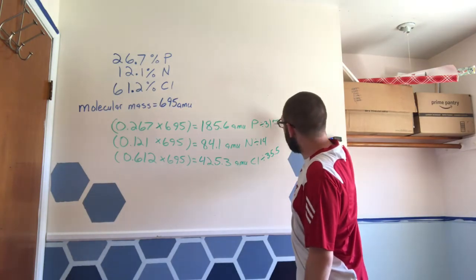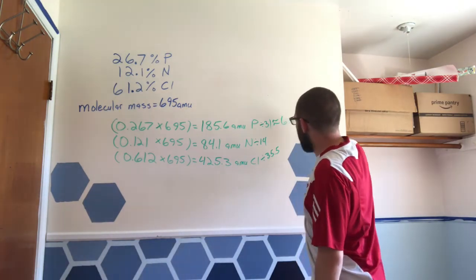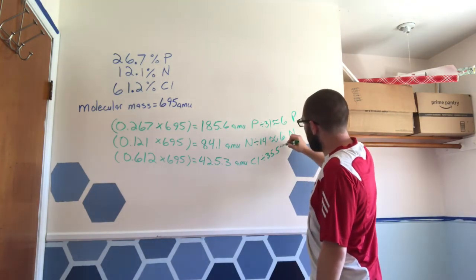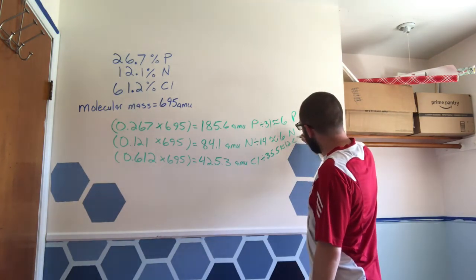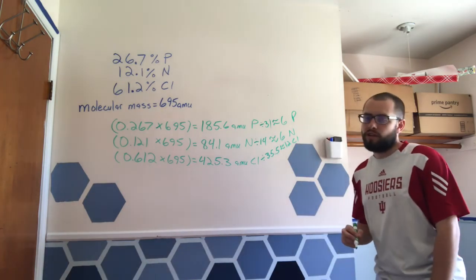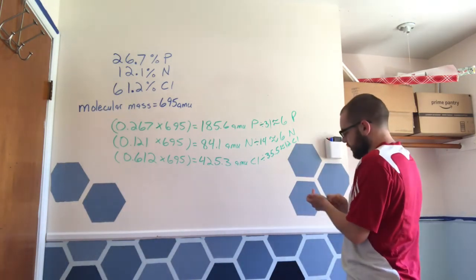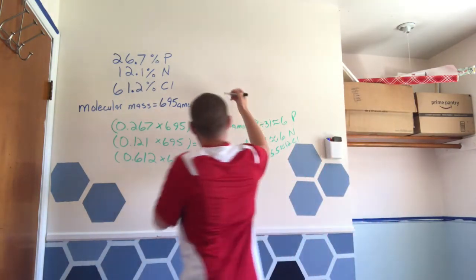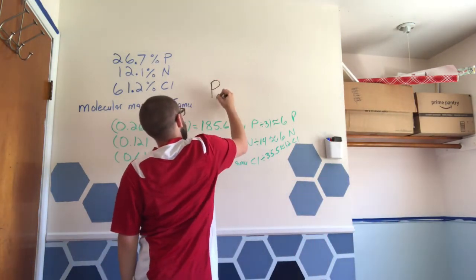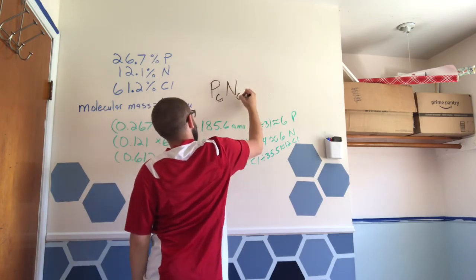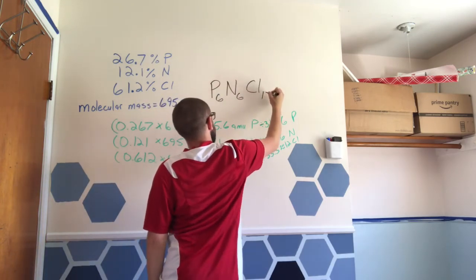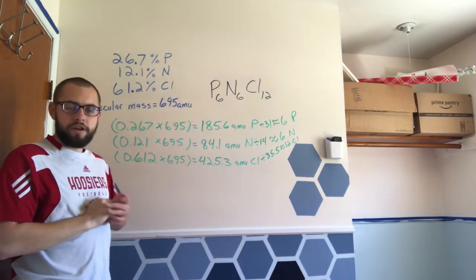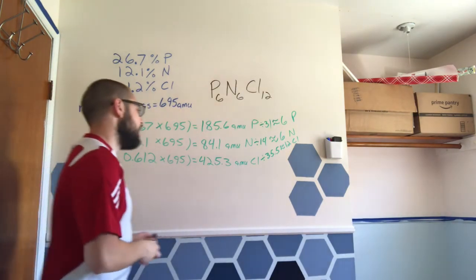So I'm going to have just about 6 atoms of phosphorus, about 6 atoms of nitrogen, and about 12 atoms of chlorine. If I take these numbers and put them into a formula, I'm going to get P6N6Cl12. So like I said, a very big compound, a big molecule here.